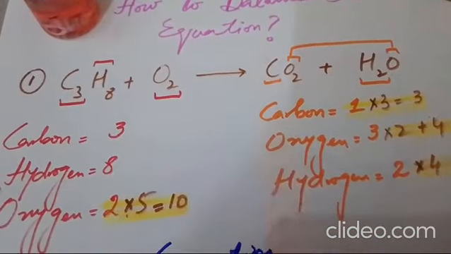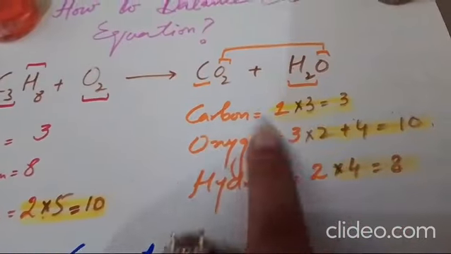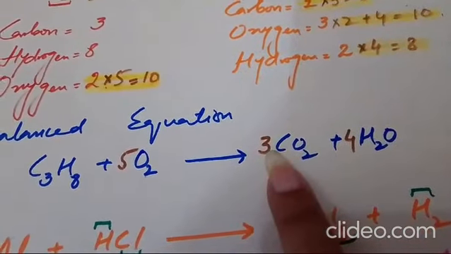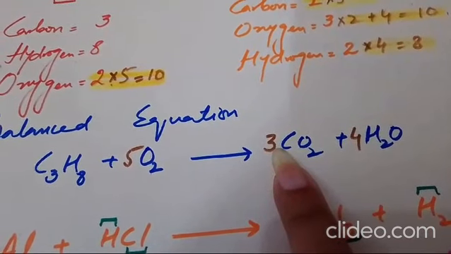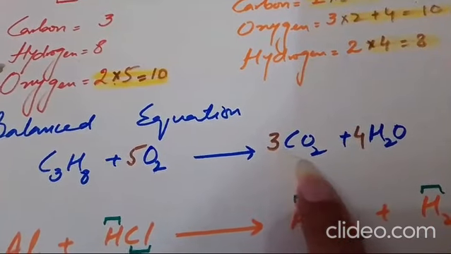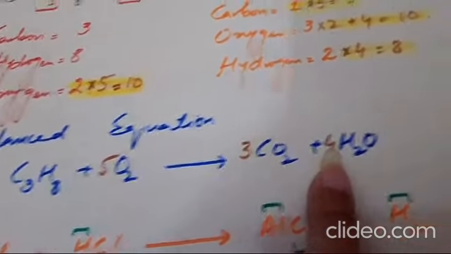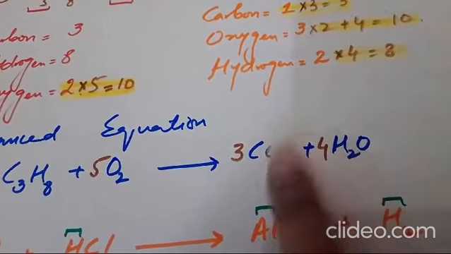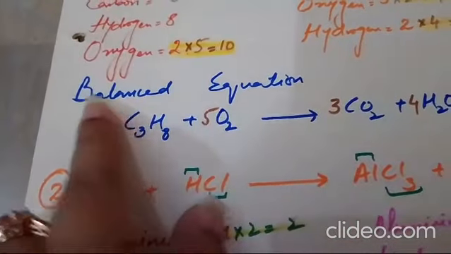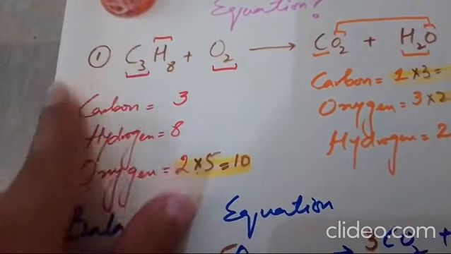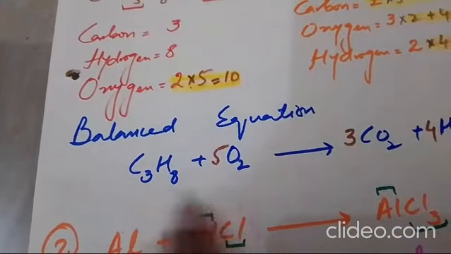Here we write 3, 3, 4, 4. 3 is your mole coefficient, multiplied with this 2. 3 2s are 6 plus 4 1s are 4, 6 plus 4, 10. This is a balanced chemical equation. This is unbalanced and this form of the equation is balanced.